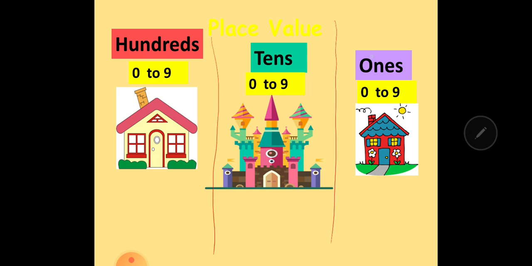The first one, ones, has numbers from 0 till 9. The second one is tens. Who lives in the tens? You can see it's a castle. Who can live in this castle? 10 and her brother and sister: 10, 20, 30, 40, 50, 60, 70, 80, 90. So also you put numbers from 0 till 9.